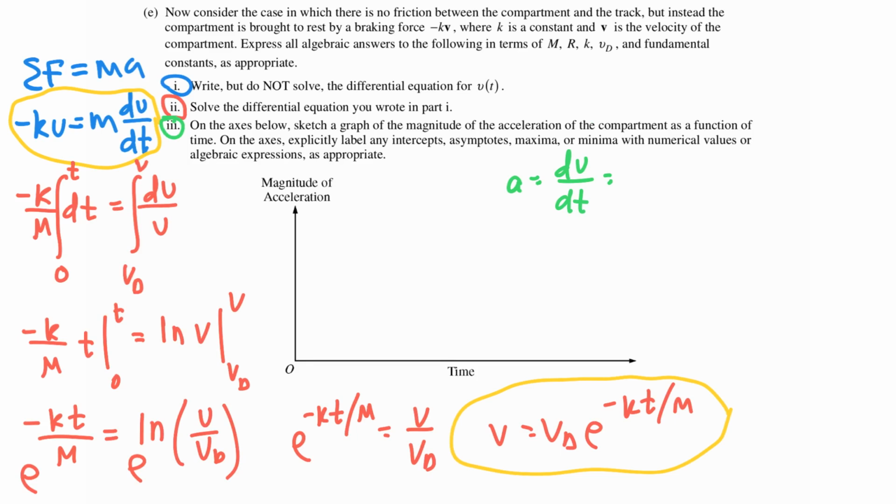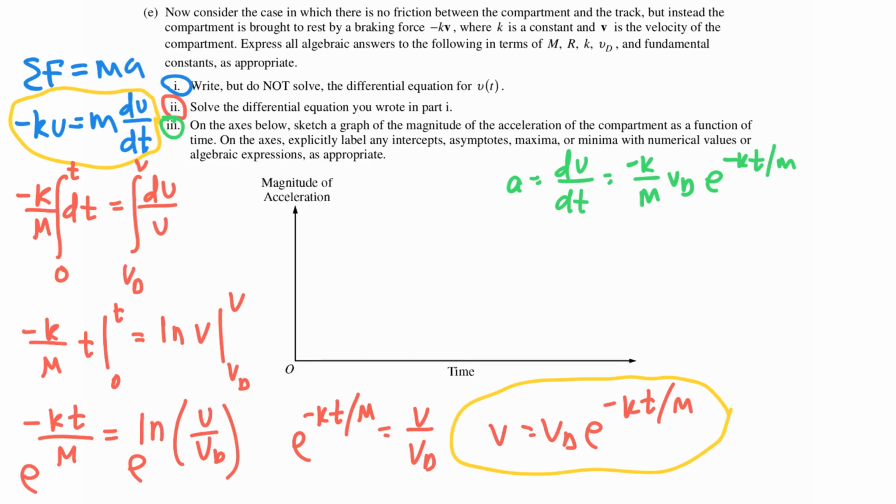The derivative will be the derivative of the exponent times the function itself. So minus k over m without the t times vD times e to the minus kt over m. And that is our expression for the acceleration.